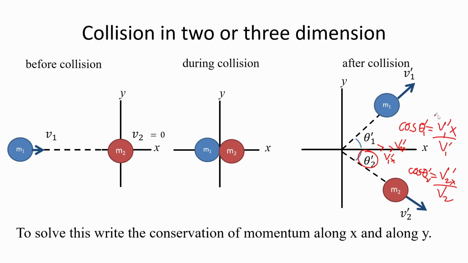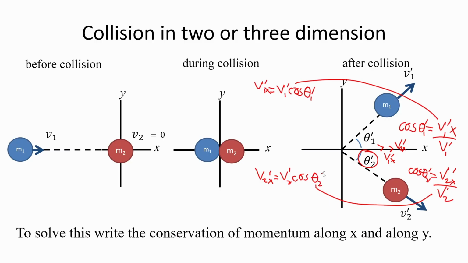So your v1 prime x is equal to v1 prime cosine theta 1 prime, and v2 x prime is equal to v2 prime cosine theta 2 prime.